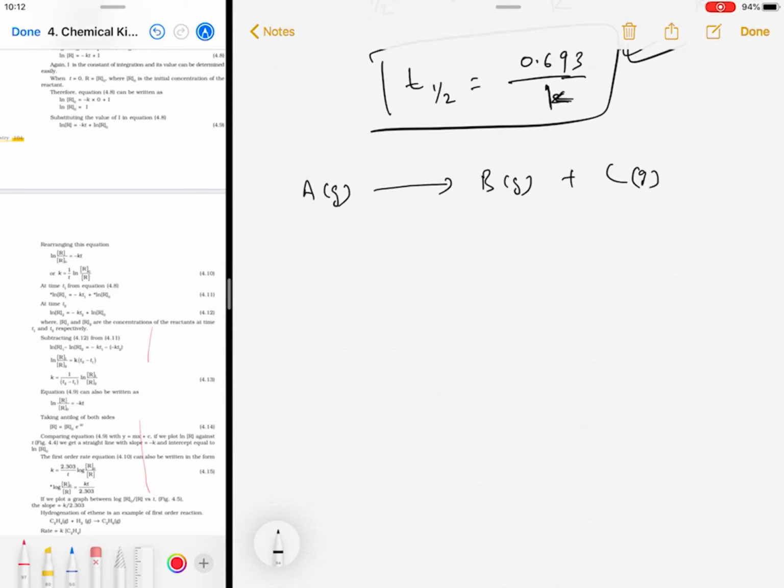Now if we have to write the integrated rate equation for this reaction, then k will be equal to 2.303 upon t log of PA naught upon PA. Here we are using the partial pressure of A, initial pressure PA naught and final pressure of A, PA. Instead of the concentration in mole per liter, we are using the pressure term.